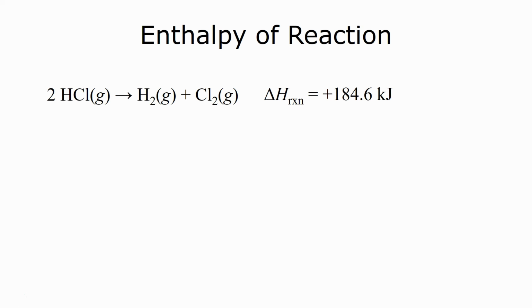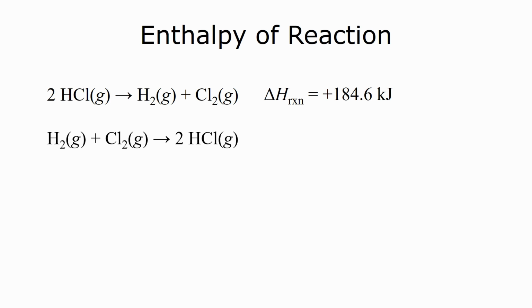Now, it is important to note that reaction enthalpies are very flexible in their use. For example, here we have our decomposition of HCl into hydrogen and chlorine. This is an endothermic reaction, absorbing 184.6 kilojoules of energy. But what if we wanted to go in the reverse?